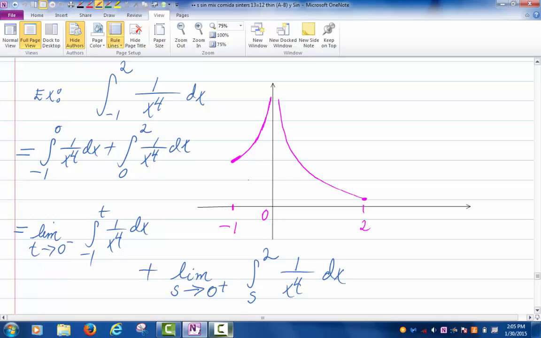If I have a point in the middle of the interval where I have a discontinuity, what's the definition of the integral? So we break it up at that point, into the integral from -1 to 0 and 0 to 1. And what's the definition when I have a discontinuity at the right?